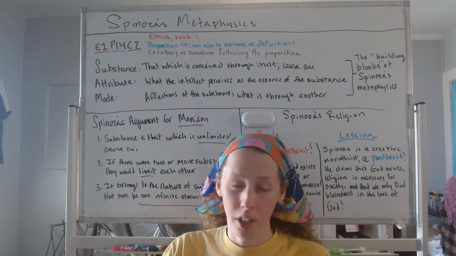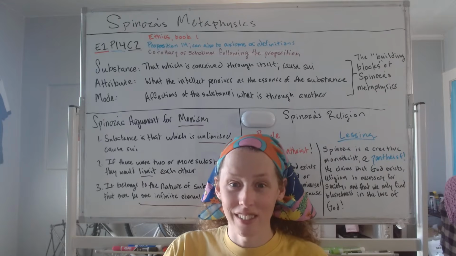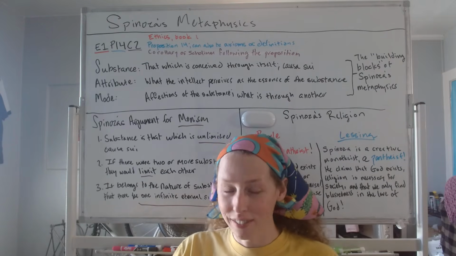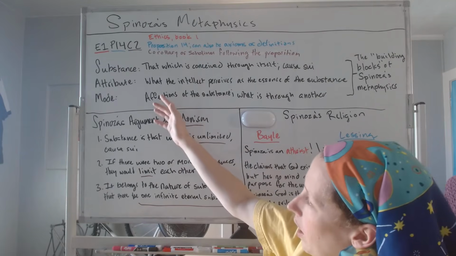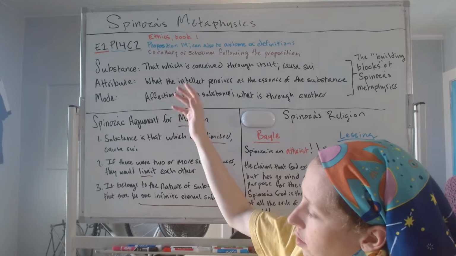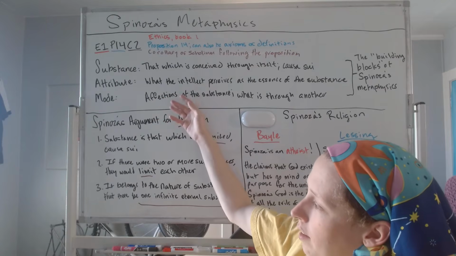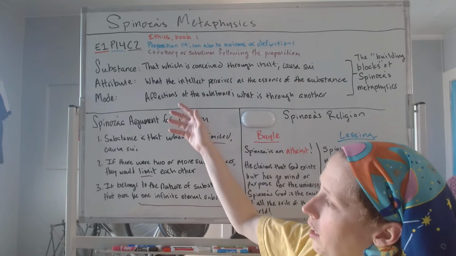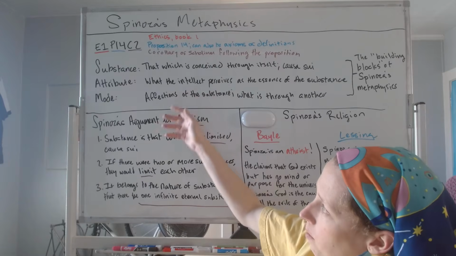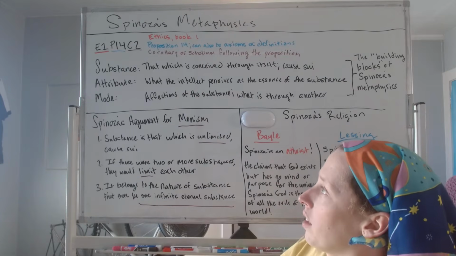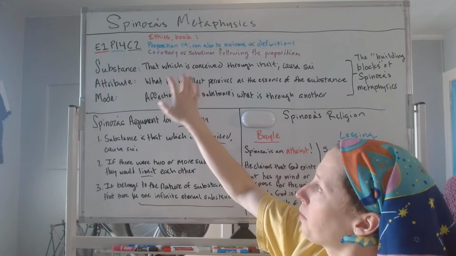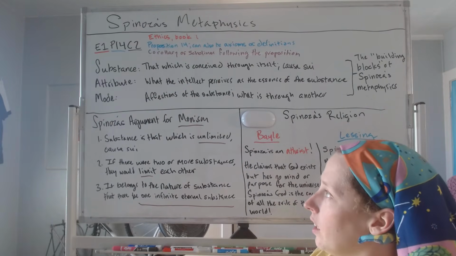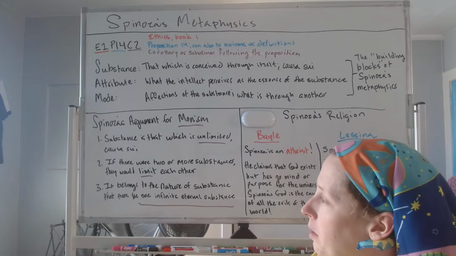But they're actually pretty highly specific to his own way of thinking. But I want you to pay special attention to three of those definitions, three terms that in a certain way make up the entirety of Spinoza's metaphysics. And those three terms are substance, attribute, and mode. We should be familiar basically with this vocabulary up until this point.